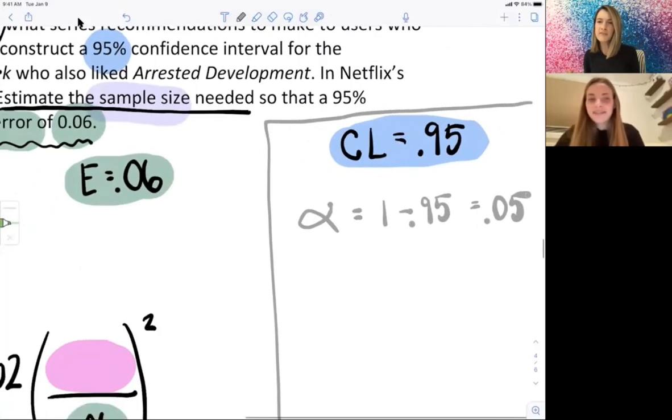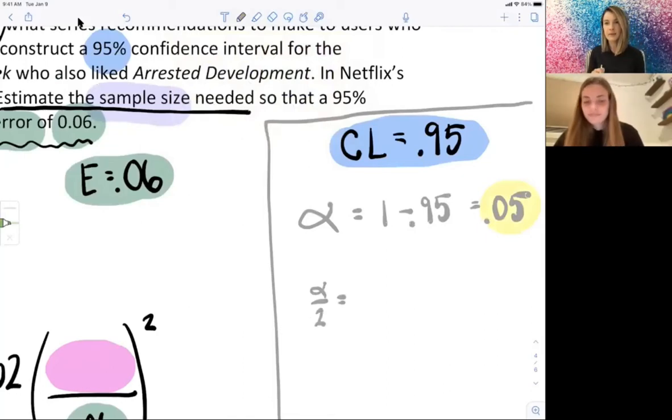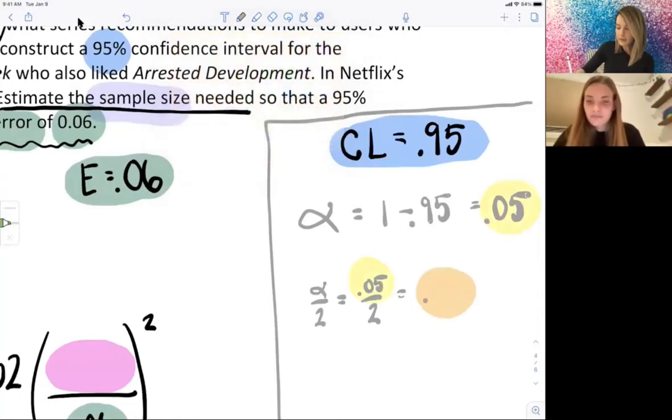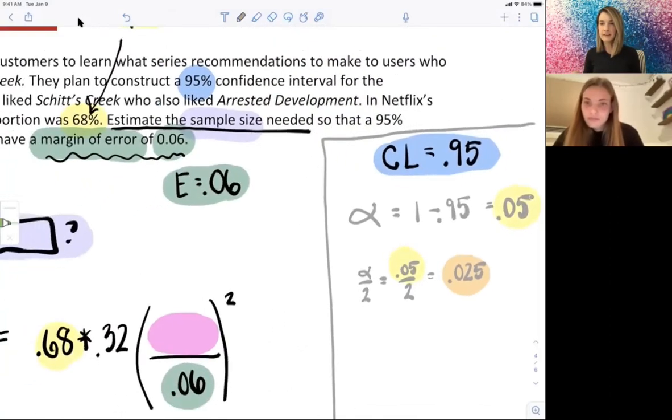And that would be 5%. And this should start looking familiar. Let's divide that alpha by 2. If you take 5% and you divide it by 2, what do we get? You get 0.025.